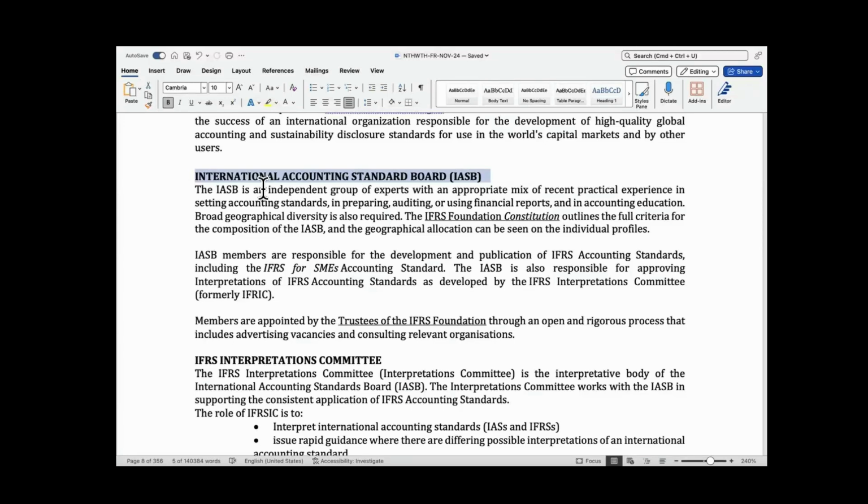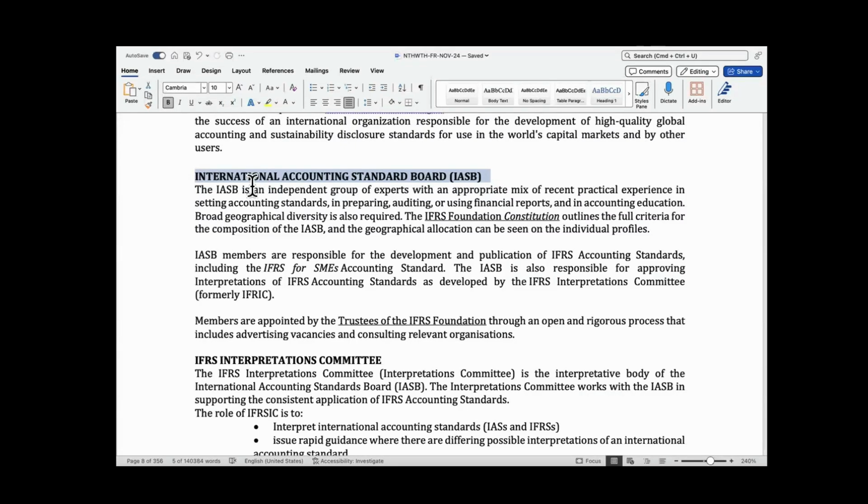And this ISB, their core mandate is they are the ones responsible for developing and approving IFRS. Not only that, there's also something we call interpretations of IFRS. It's the ISB that does that.